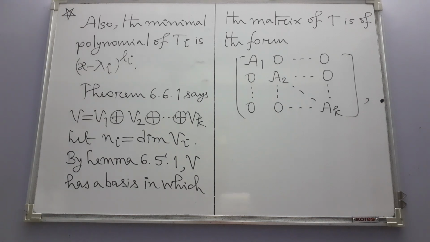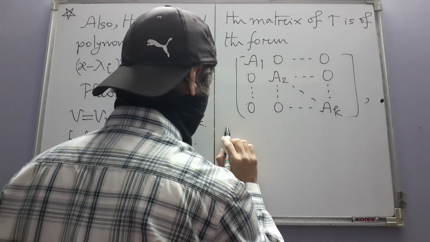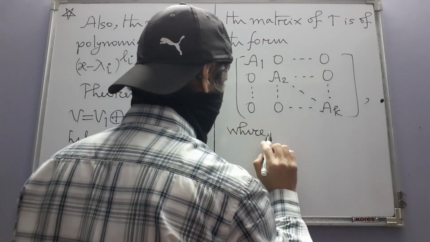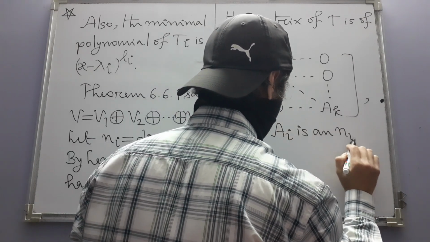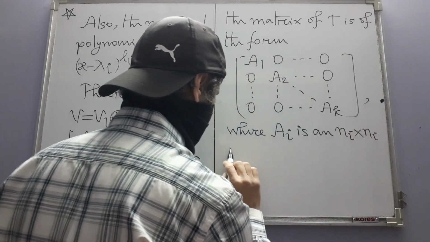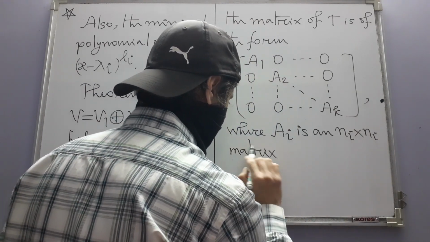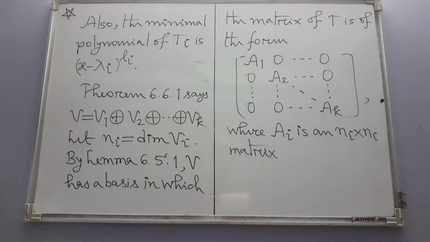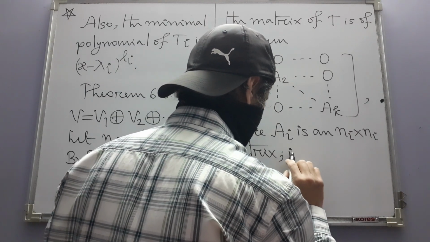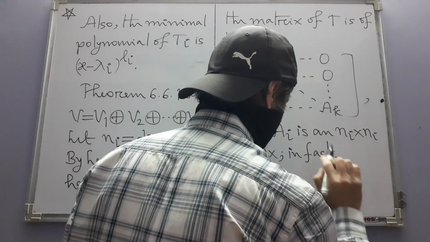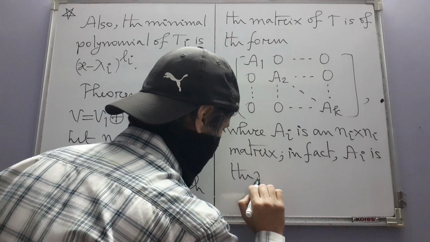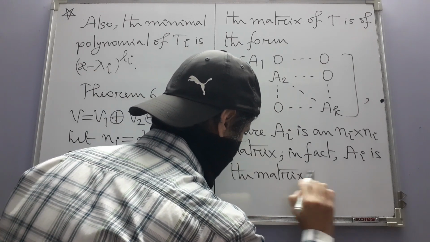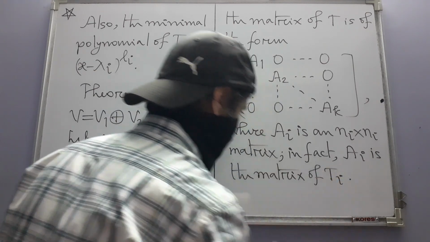Okay, so this is the block diagonal form the matrix of T assumes, where Ai is an Ni by Ni matrix, where Ni is the dimension of Vi. And in fact, Ai is the matrix of that induced operator Ti.